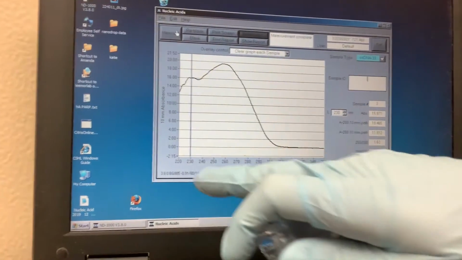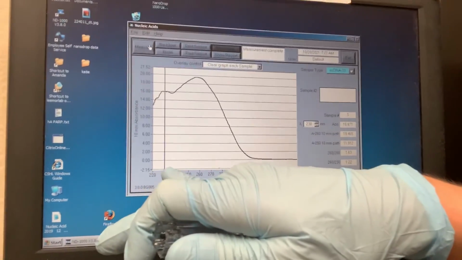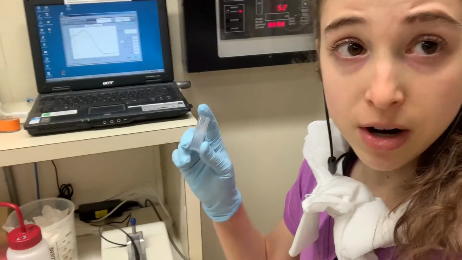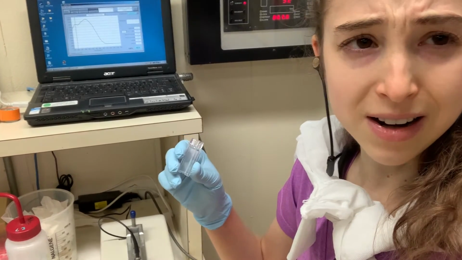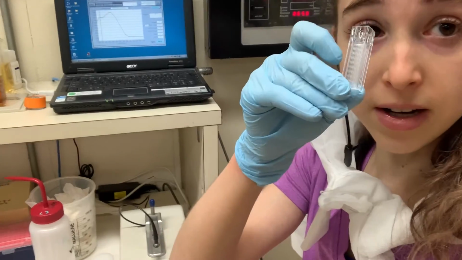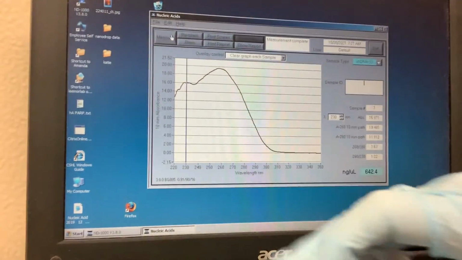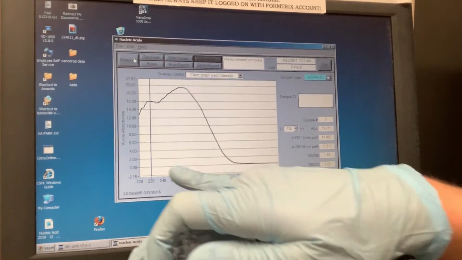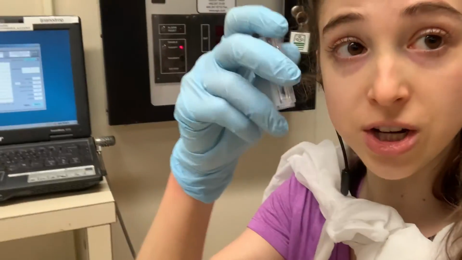And what it's going to do is measure the absorbance at all these different wavelengths. So it's going to shine light through.